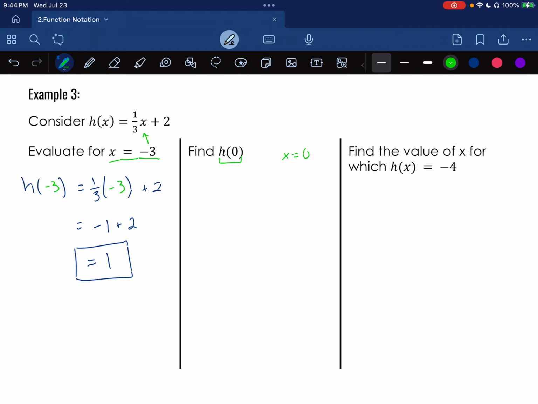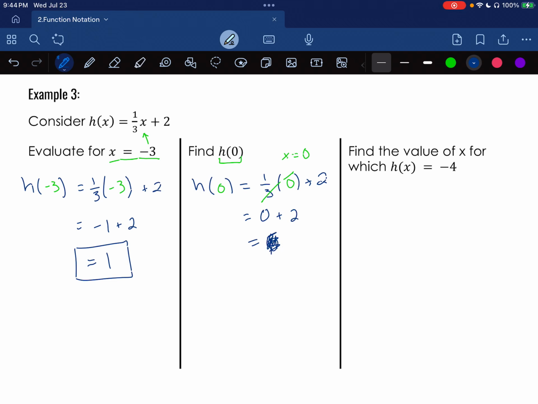I like to write all of my one color in and then do the rest. So h of 0 is equal to 1/3 times 0 plus 2. Those will cancel, and we'll end up with 0 plus 2, which is 2. This should be a 2 once I'm done battling with scribbleries.